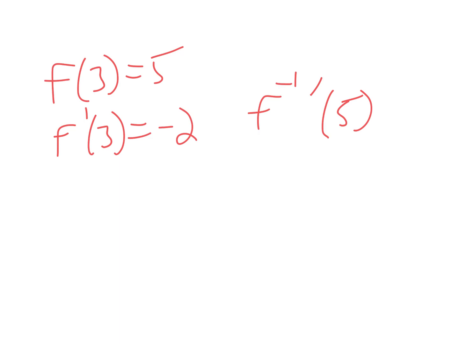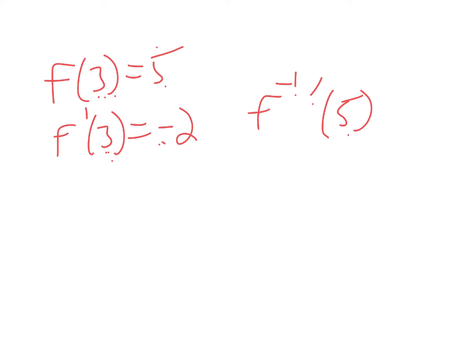So here's something that's more like what I'm going to ask you. They're telling me that the function is, when x equals 3, y equals 5. And then I'm telling you the derivative of that original function when x equals 3, and that's -2. Then they're asking us, what's the derivative of the inverse function when x equals 5?